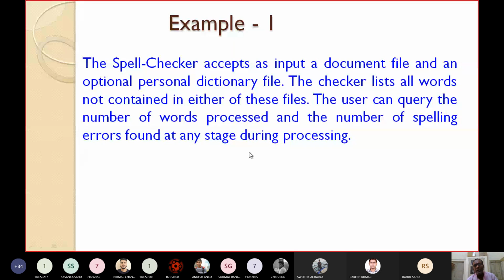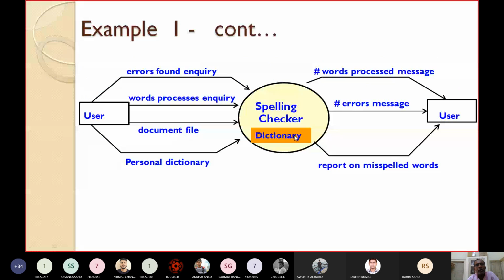So now let's see. We have to estimate what will be the function points. My software is a spelling checker. What the user is supplying: he may send an inquiry like how many errors were found, he may send an inquiry regarding the words processed, he may send this document file, and he may send the personal dictionary.